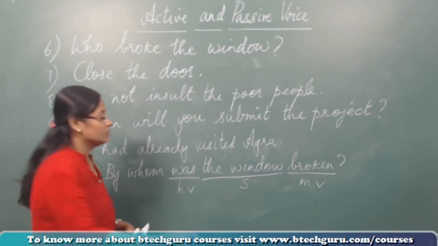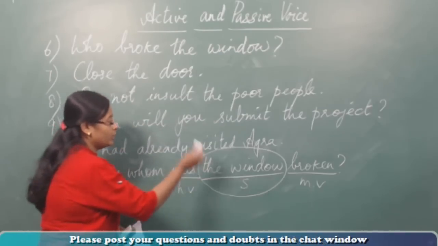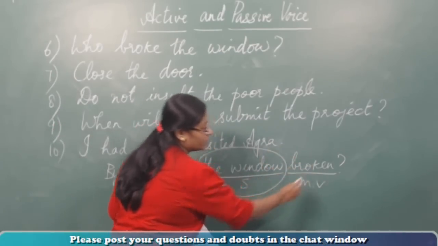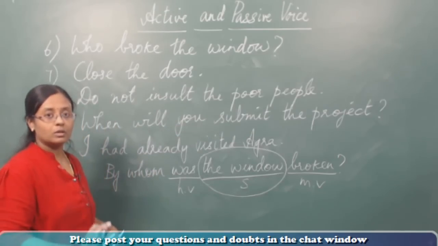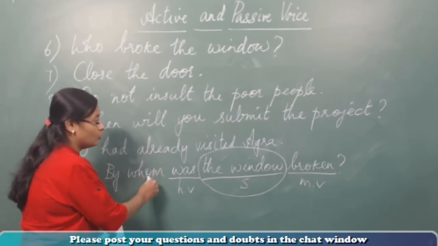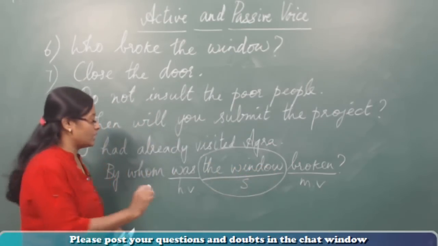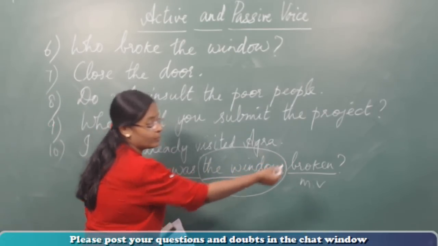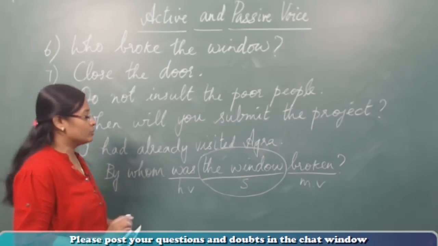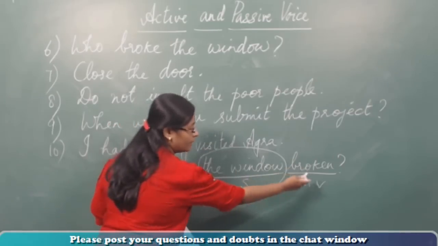So, in a question, you put the subject between the helping verb and the main verb. So, you should not frame the question like by whom the window was broken. That's not right. If you say by whom the window was broken is not right. Why? Because you have to bring the subject between the helping verb and the main verb.